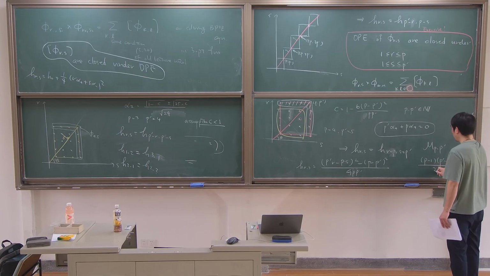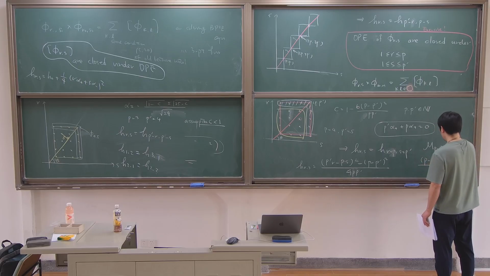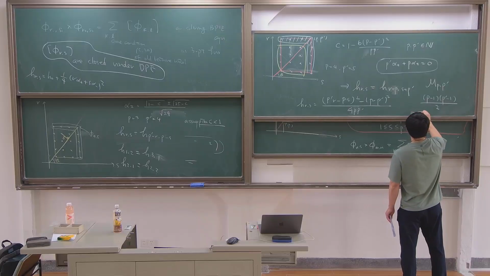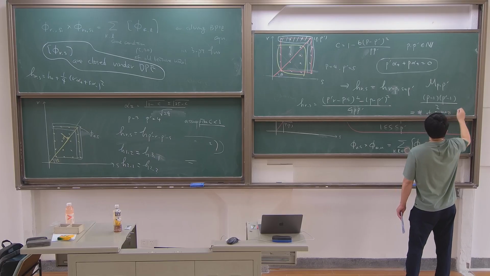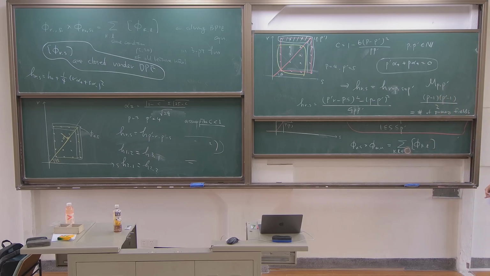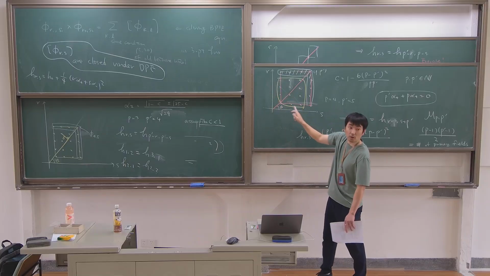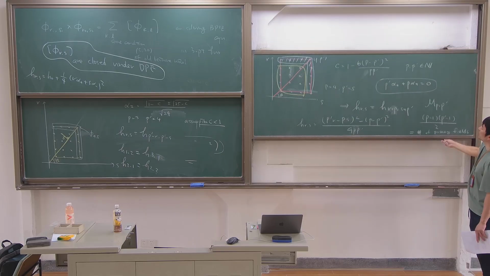So this is the number of primary fields in this minimum model M(p, p prime). So (p minus 1) times (p prime minus 1) is really the number of lattice points of this yellow part, and the division by 2 is necessary because of this symmetry.